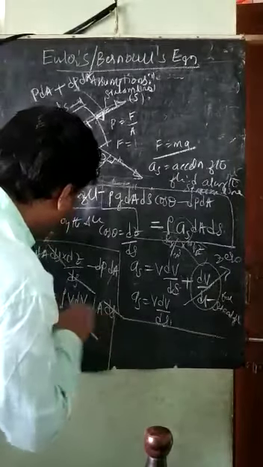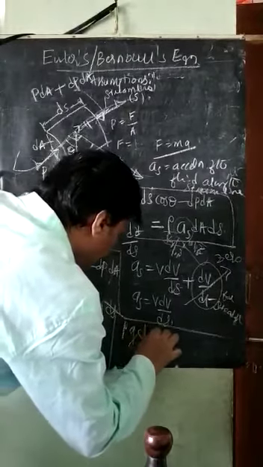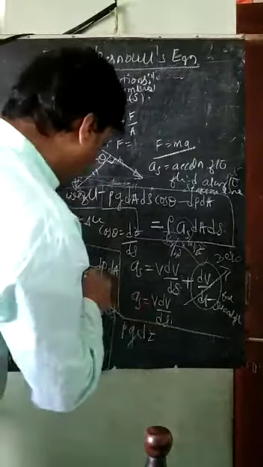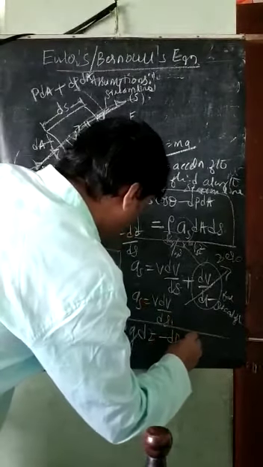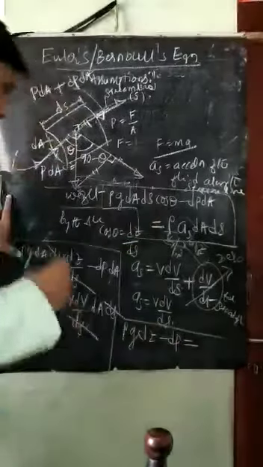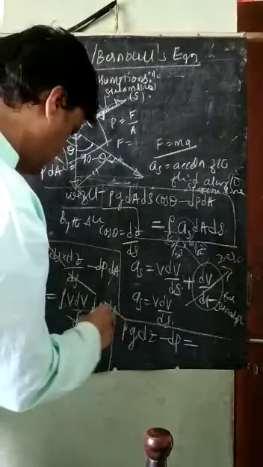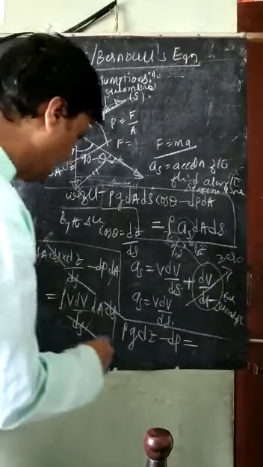Here I will write: rho g dz minus dp is equal to rho into V into dV.